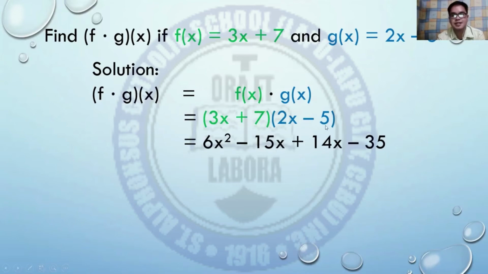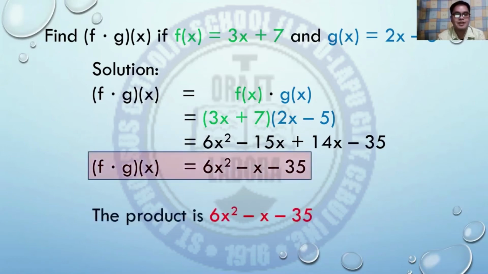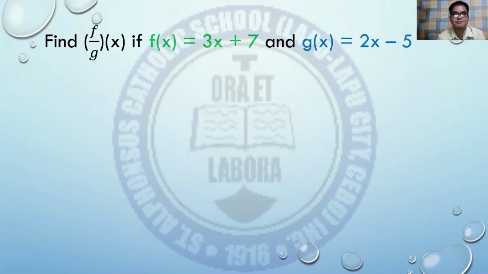And 7 times negative 5, the answer is negative 35. Now, combine like terms, which are negative 15x and 14x, and the answer would be 6x squared minus x minus 35. Therefore, the product of the two functions is 6x squared minus x minus 35.